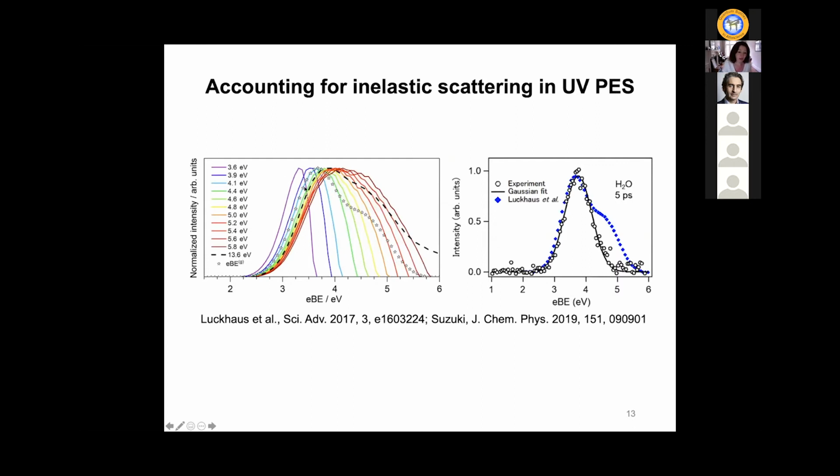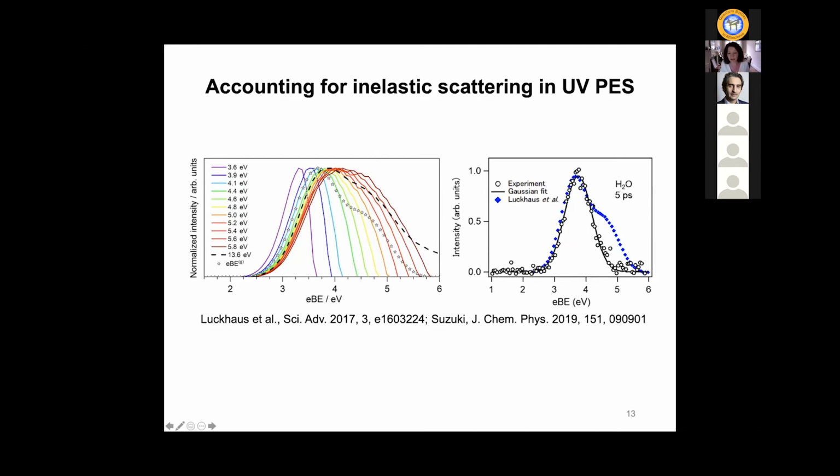And Toshinori Suzuki has made some very nice measurements of the photoelectron spectrum of the solvated electron as a function of a wide range of UV photon energies, and measures different binding energies. And so we need to be able to account for this in our measurements of photoelectron spectra.